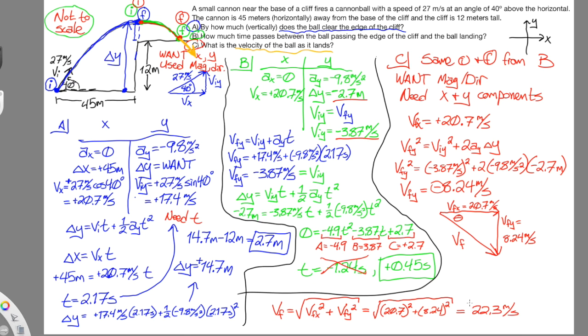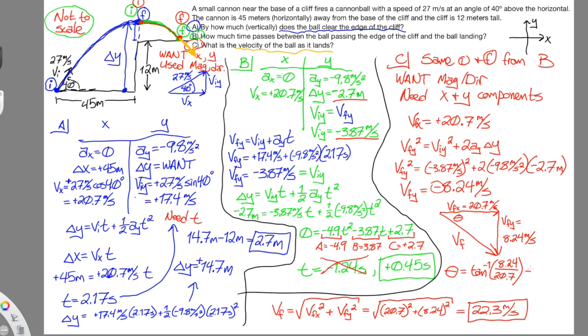But that's not all that was asked for, because they asked for the velocity. And velocity is a speed, which we just found, and a direction. I'm just about out of room here, but theta is the inverse tangent of our y component, that 8.24, divided by our x component, 20.7. Notice I have dropped my positives and negatives here.